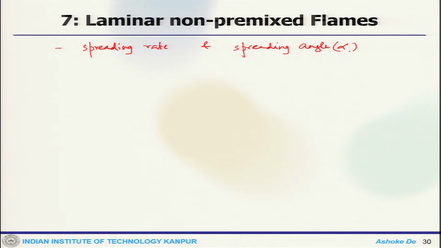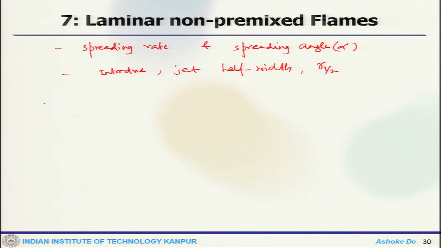So, these are two more important parameters which are often used to characterize the jet. For the spreading rate, we can also introduce the jet half width, which is R half.